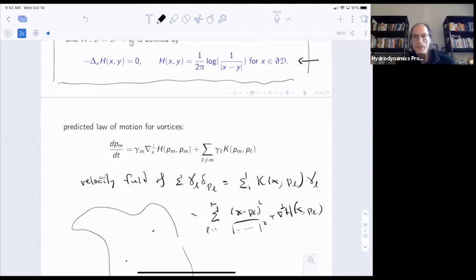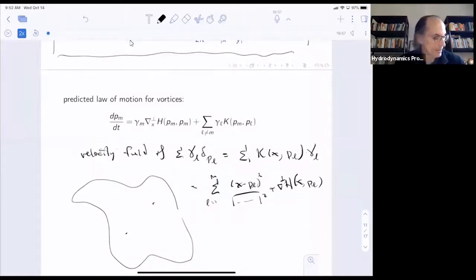Okay, and so then if I ask what's going on at one of these points, what's it going to feel? Well, there's one singular piece, the piece that it generates itself. It diverges like a distance to the minus 2, and then there are these contributions from all the other vortices.